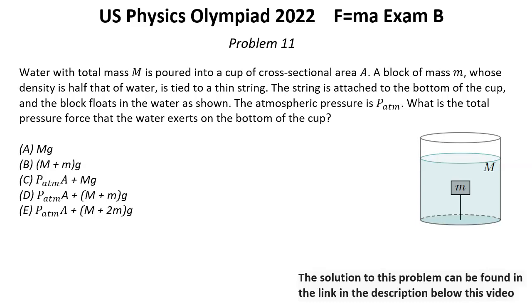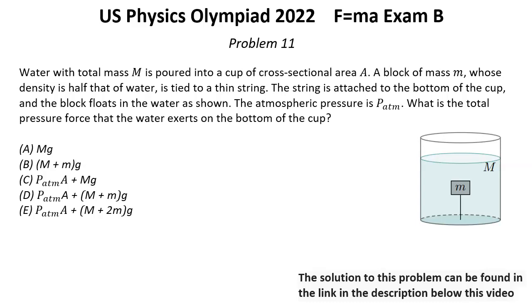Consider force balance on the system of the block and water. The atmospheric pressure applies a downward force P atmosphere multiplied by cross-sectional area A, and the gravity applies a downward force big M plus small m multiplied by G. Now the buoyant force on the block is 2 mg, because water is twice as dense, which means the string applies a downward tension force mg to keep the block in place.